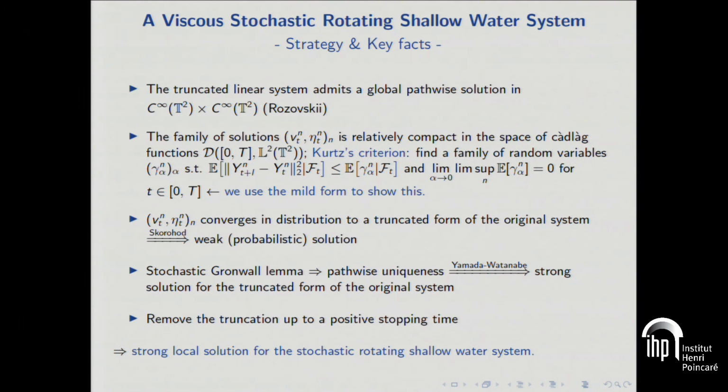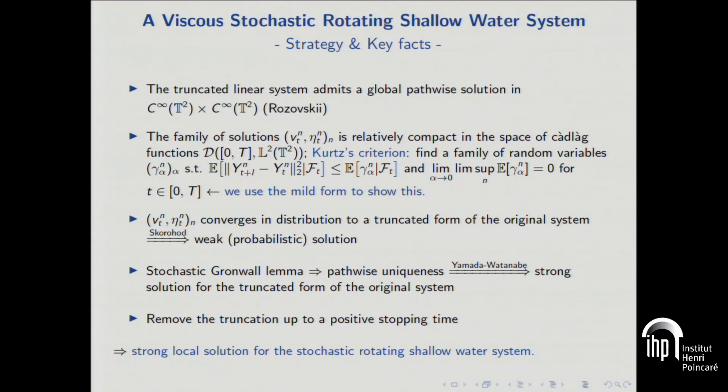Now, how we showed that this relative compactness property holds: using a criterion given by Kurtz. All we have to do is find a family of random variables such that this conditional expectation is smaller than the conditional expectation of that certain family of random variables.